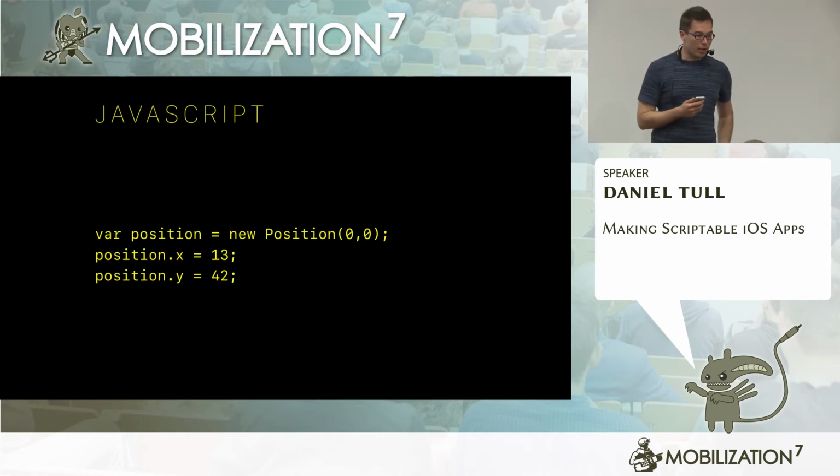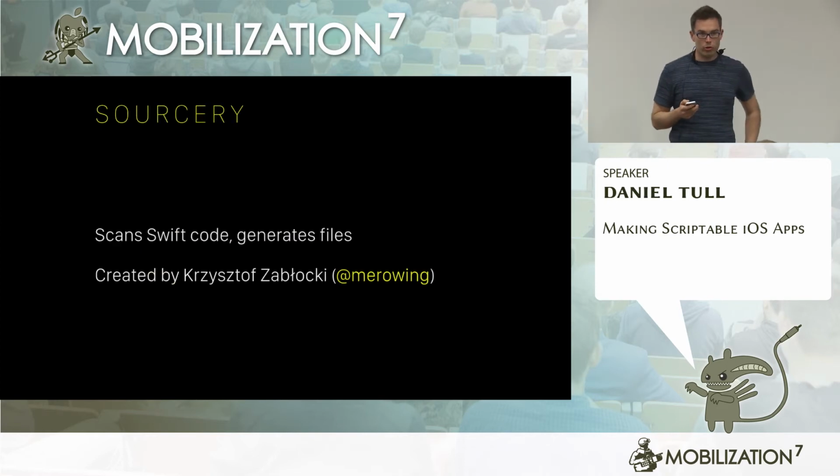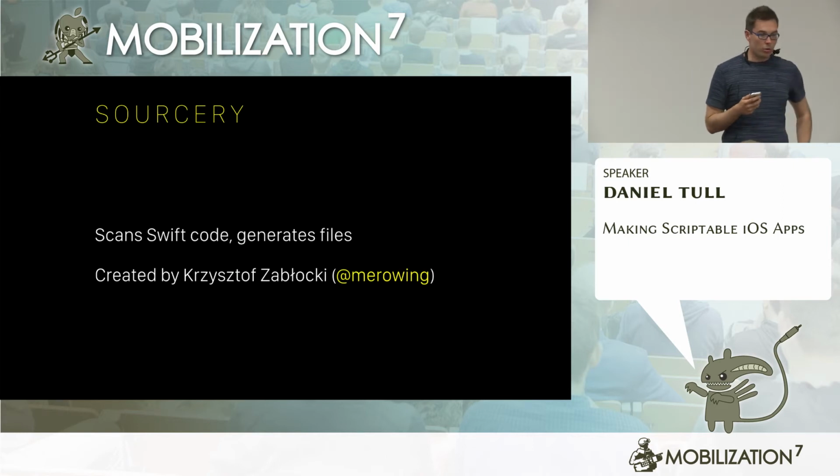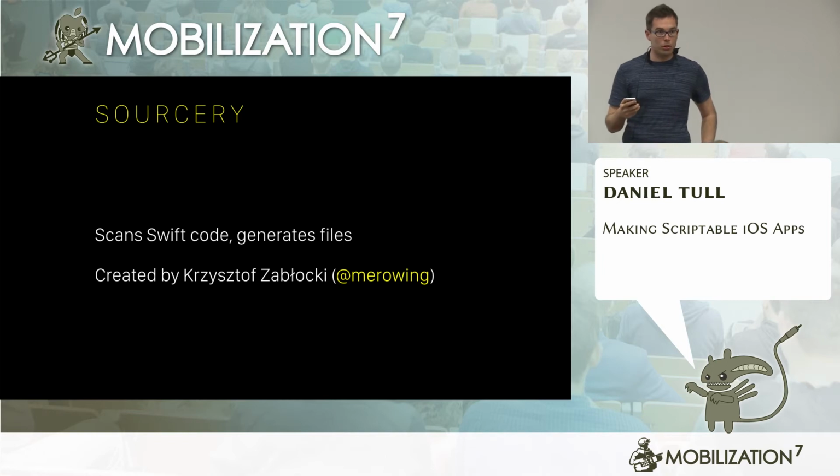And that gets very tedious to write by hand, which is where I found a tool called Sourcery. Sourcery is an awesome code generator. It scans Swift code, and you can write templates which will generate all of the JS wrappers for you.